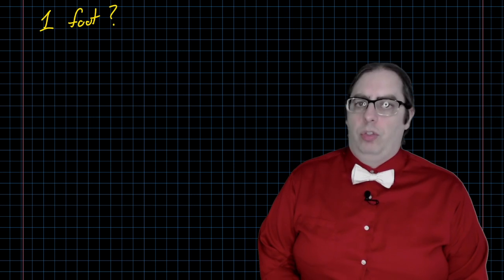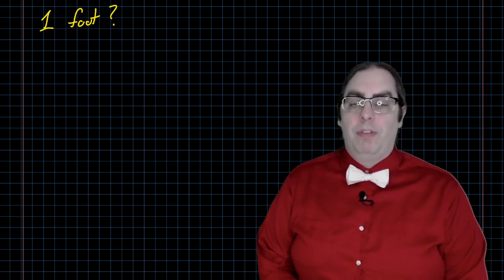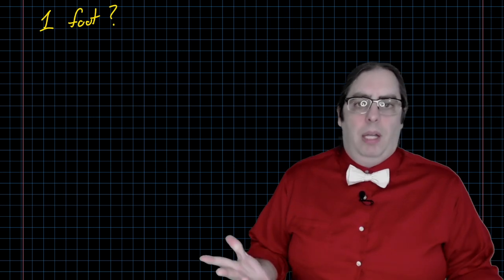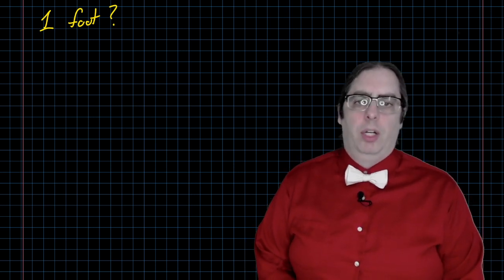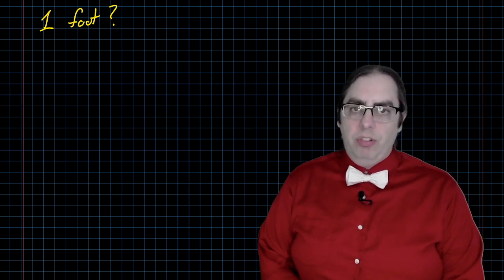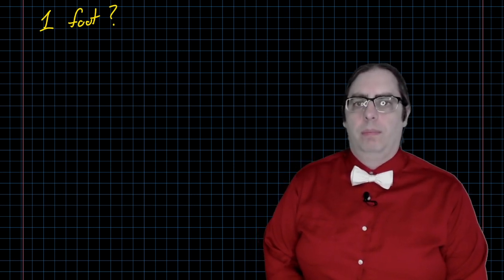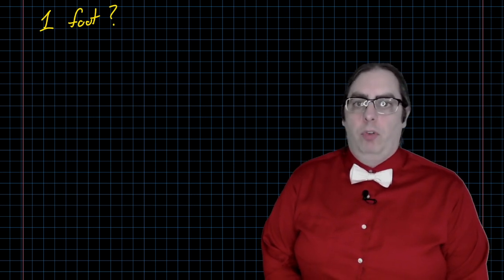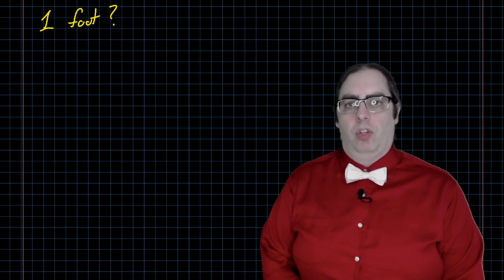Of course, that starts to raise some issues because different people have different sized feet, right? I am about 6 foot tall, a little bit over. My foot, by coincidence, happens to be just about 1 foot long. My wife is a head shorter than I am. Her foot is only about 9 inches long.